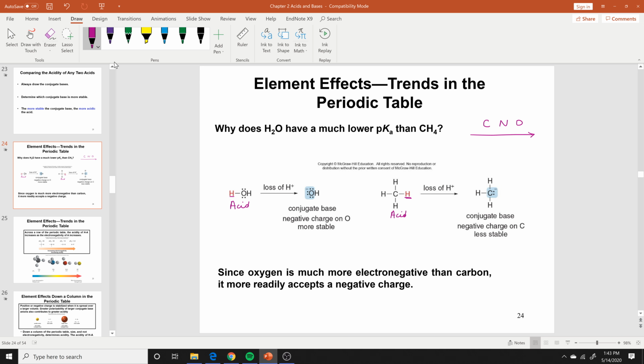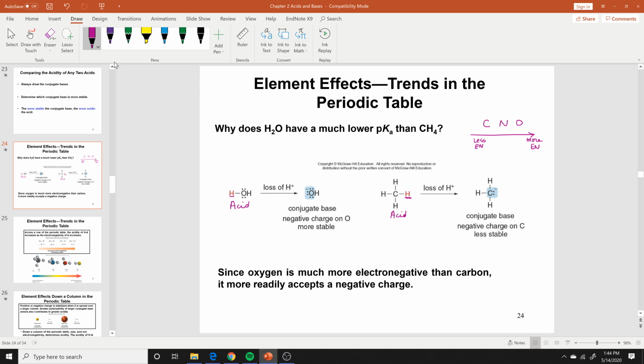So oxygen is more electronegative, carbon is less electronegative. Normally the negative charge prefers to be on the more electronegative atom than the less electronegative carbon. That will make the structure stable. So OH negative is more stable than a C negative.